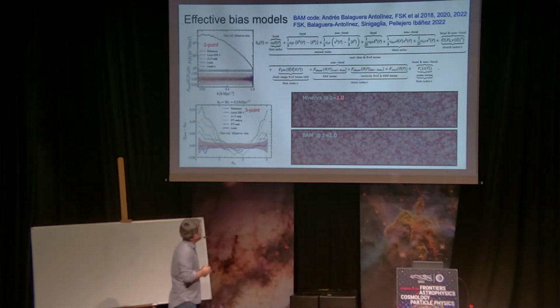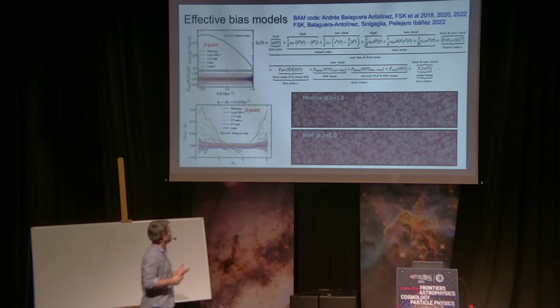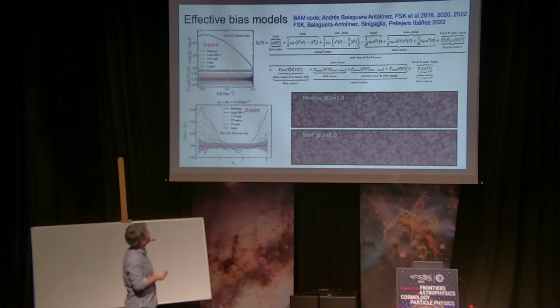So here, this is extracted from, or inspired by, the work of McDonald and Roy 2009, where Pat McDonald not only introduces a Taylor expansion of the local density field, but also a non-local expansion. Here, for instance, this is the first non-local second-order term. Here you have non-local third-order terms.